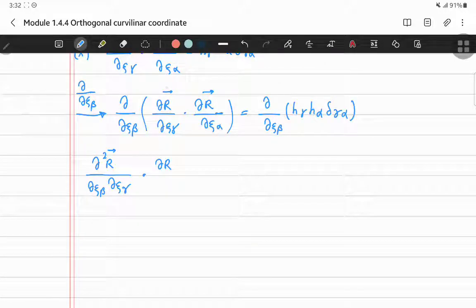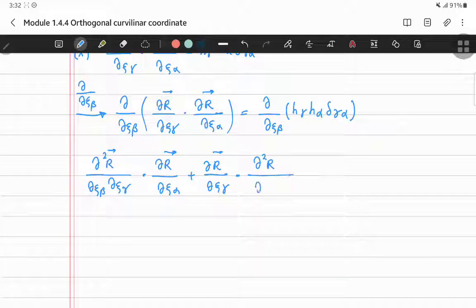So the derivative of the first one times the second one, plus the first one, the derivative of R with respect to Z gamma dot the derivative of the second one. So this is beta, this is alpha, is equal to, all right.